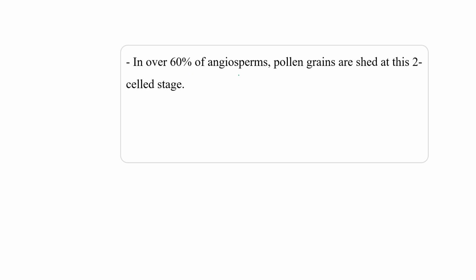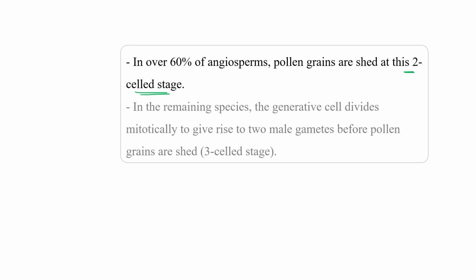Over 60% of angiosperm pollen grains are shed at this two-celled stage only. In the remaining species, the generative cell divides mitotically to give rise to male gametes before pollen grains are shed, means at the three-celled stage.